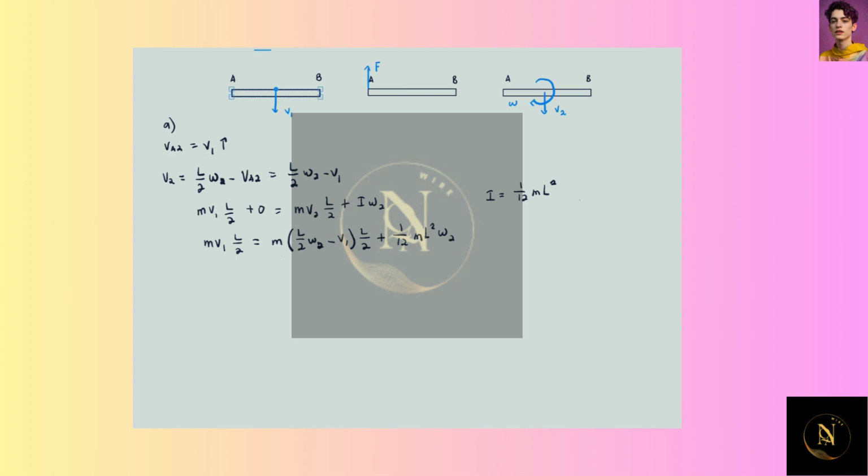Simplifying, M V1 L/2 equals M L squared over 4 omega 2 minus M V1 L/2 plus 1/12 mL squared omega 2.